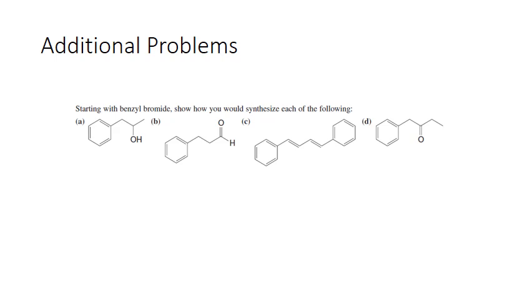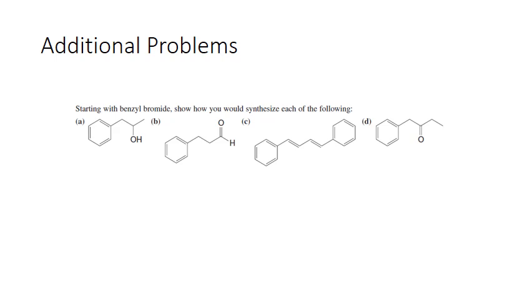Again, you should work on the solution by rewriting the synthesis from the starting material. Thus, benzyl bromide plus potassium cyanide, SN2 reaction, gives benzyl nitrile.